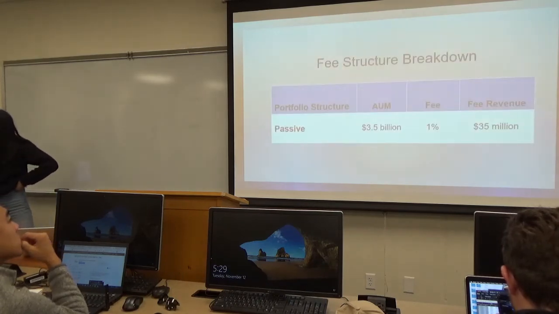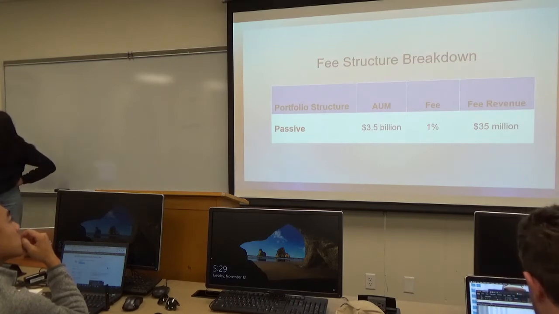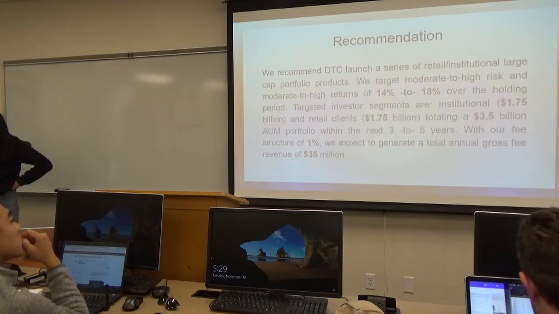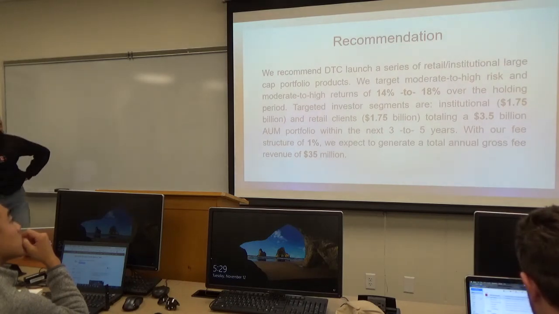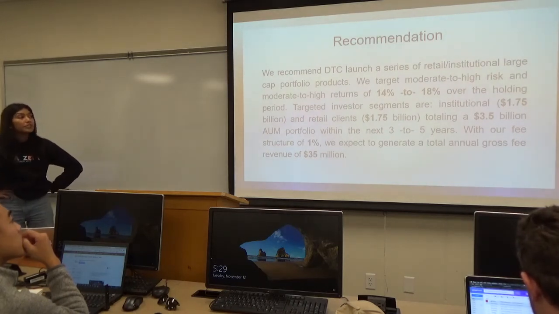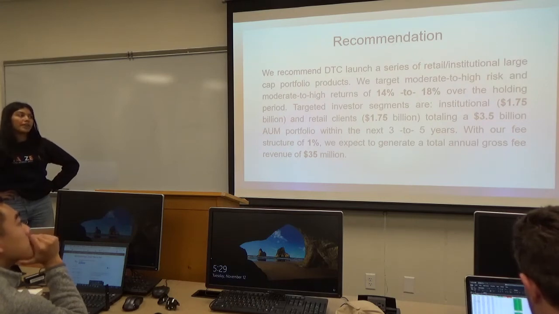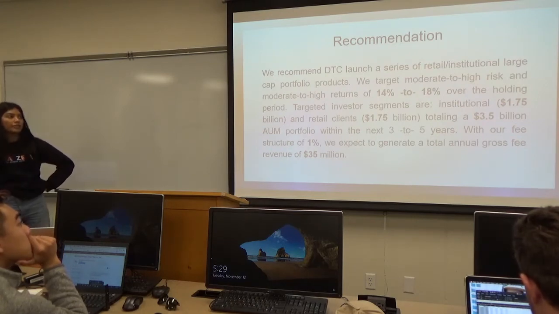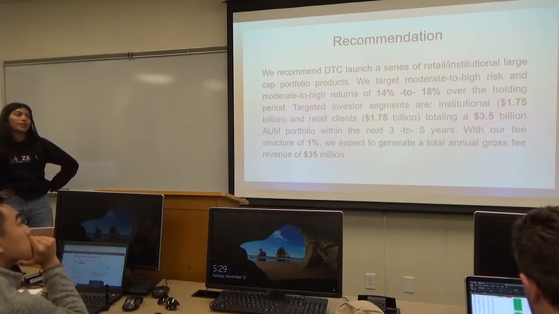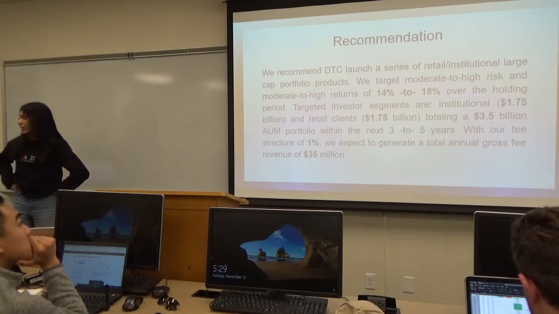Our fee structure breakdown: the AUM of 3.5 billion with that 1% will bring revenue to 35 million. We recommend this retail institutional large cap portfolio with moderate to high risk of 14 to 18%, that's a rather high return. We're targeting institutional and retail clients and targeting a 35 million return.